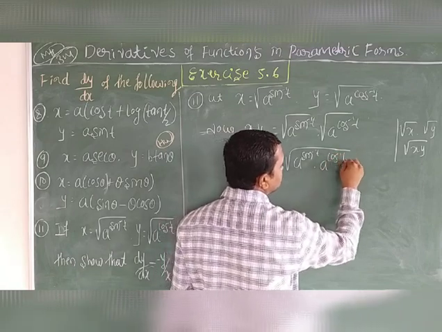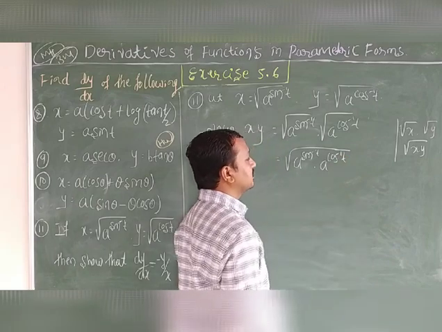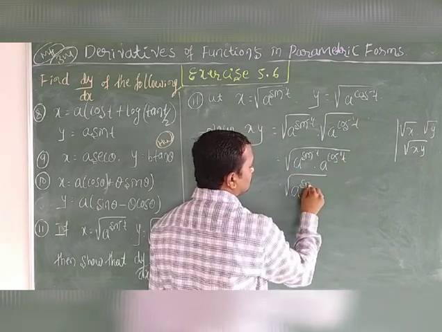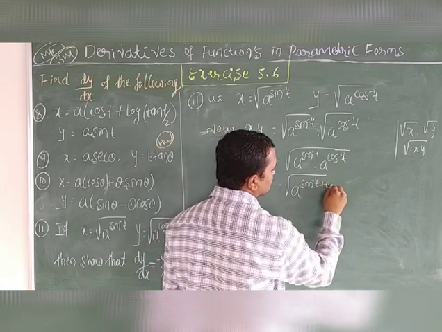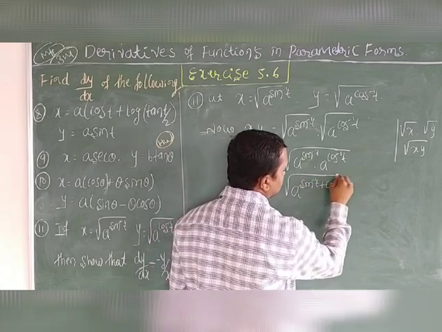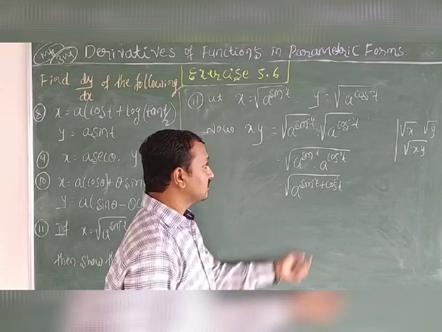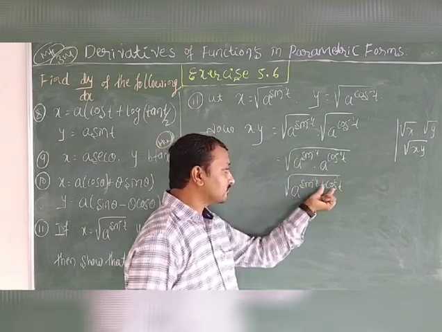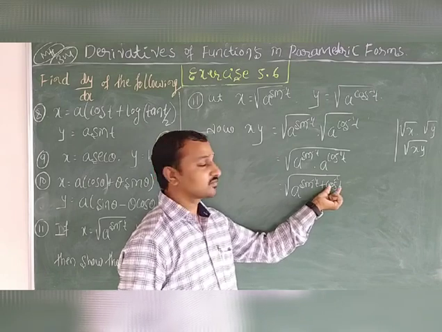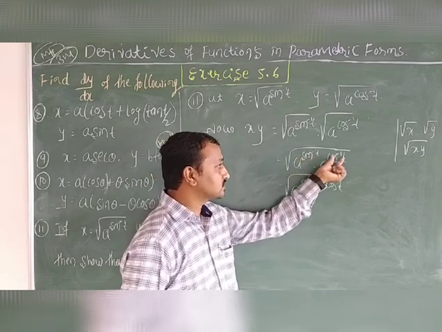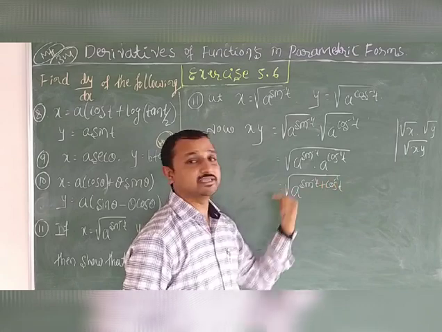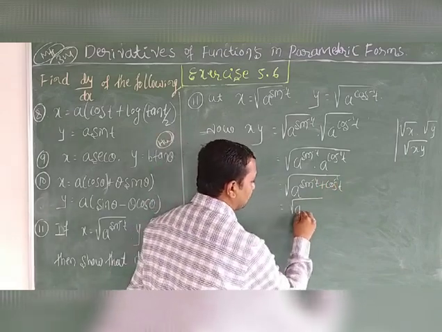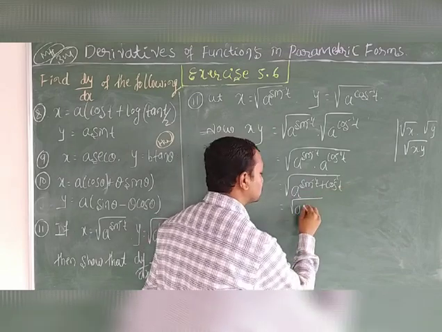So that is equal to root of a raised to sin inverse t plus cos inverse t. Very easy: a raised to m into a raised to n equals a raised to m plus n. Is that clear?